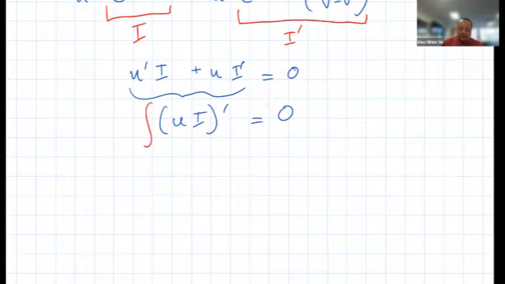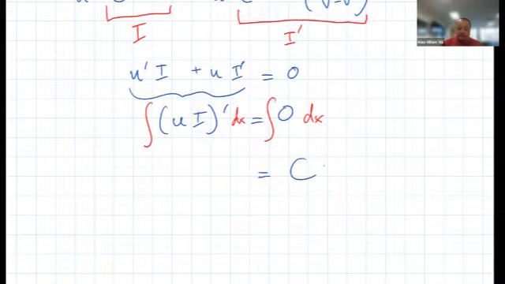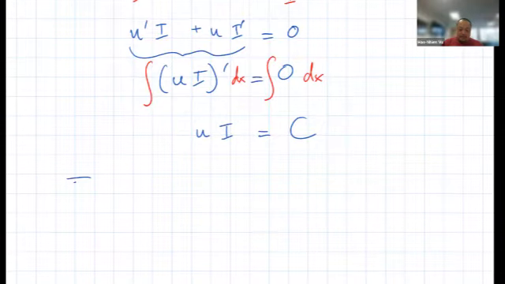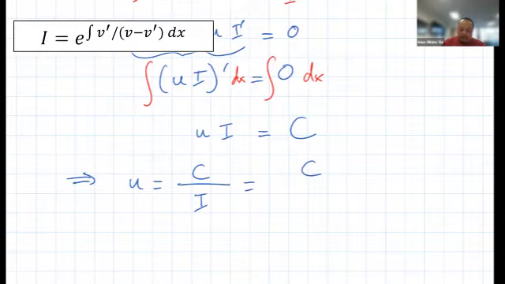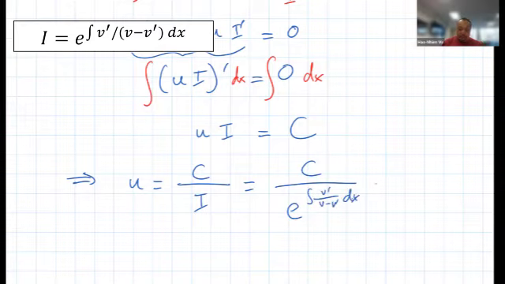So now I can just integrate both sides with respect to x. On the right-hand side, I have a constant c. And on the left-hand side, the integral and the derivative cancel. I have u times I. And therefore, u is equal to c over I, which is c over e to the integral of v prime over v minus v prime dx.